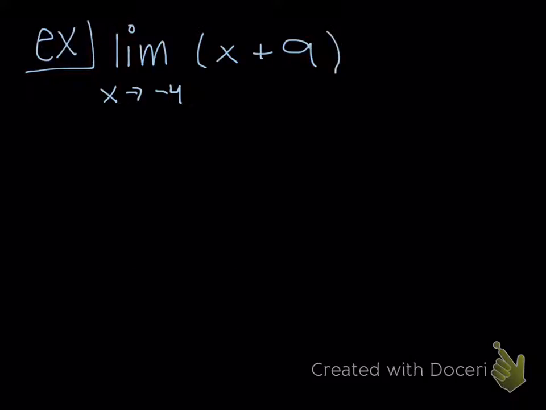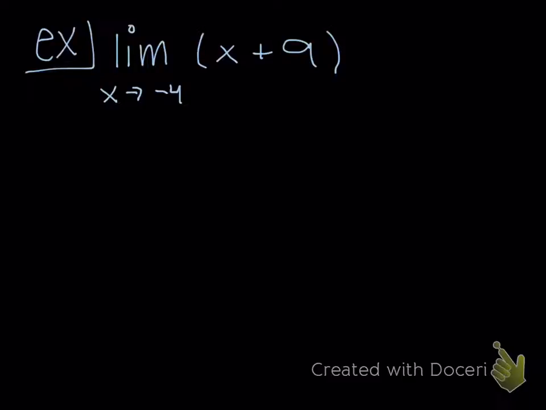So here we have the problem: the limit as x approaches -4 of this linear line, x plus 9. Over the next couple of days we have to start reviewing what linear, cubic, and all these different functions look like. I know a linear piece is a straight line.